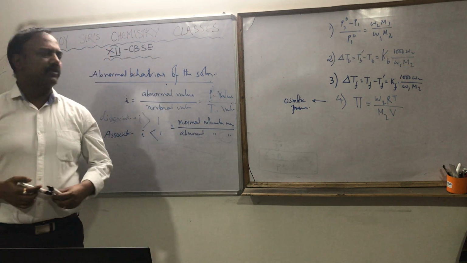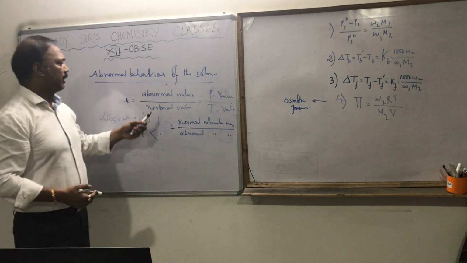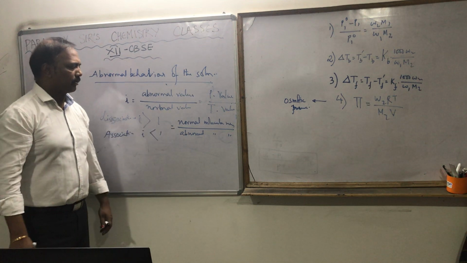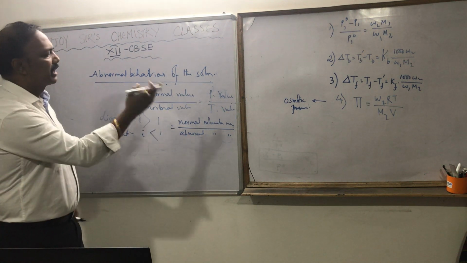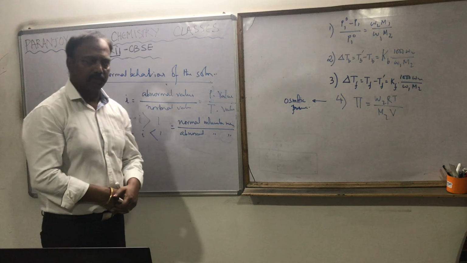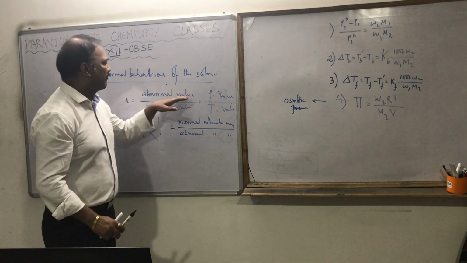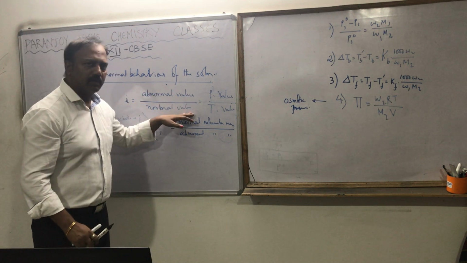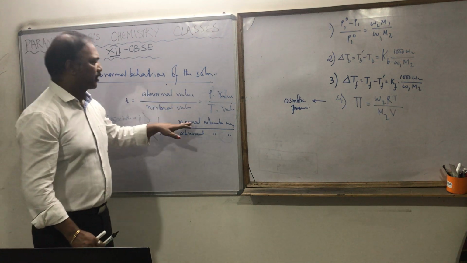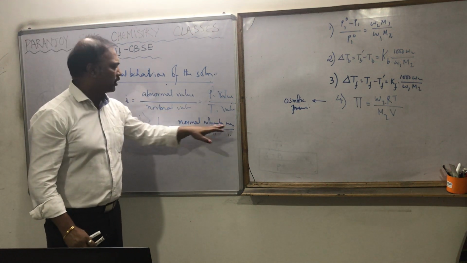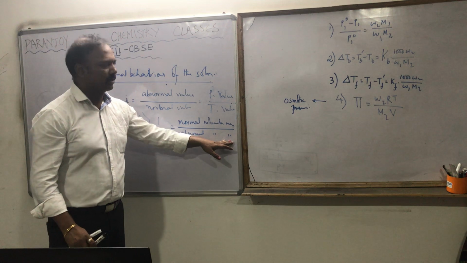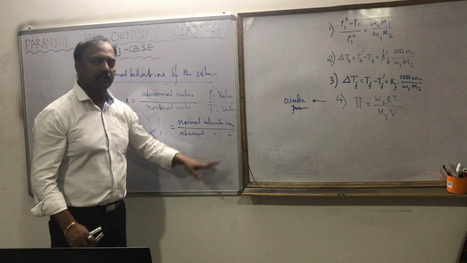Generally, where the confusion comes is, sir, you had written abnormal by normal, but in the book it is written normal by abnormal, but you don't see the next words. That's the problem. I had written here abnormal value divided by normal value. But in certain books it might be written as normal molecular mass divided by abnormal molecular mass. That is important: value and molecular mass.